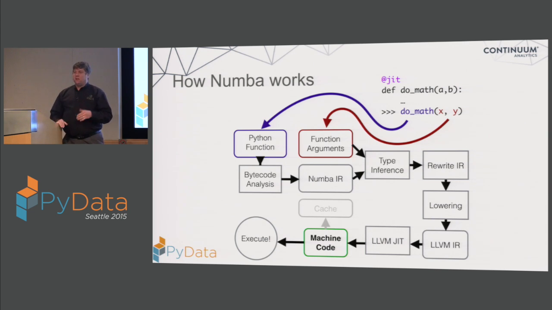You can call them with arguments, and you'll see some examples of that later on, but the recommended approach is not to. When you don't, it does some bytecode analysis and constructs an intermediate representation, a Numba IR. This is an intermediate representation that Numba can use to then inject type information that it acquires once the function gets called.